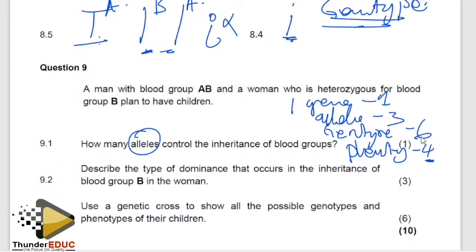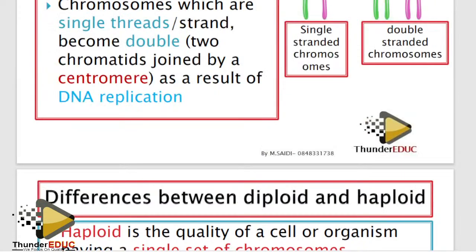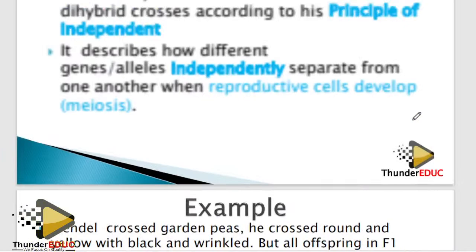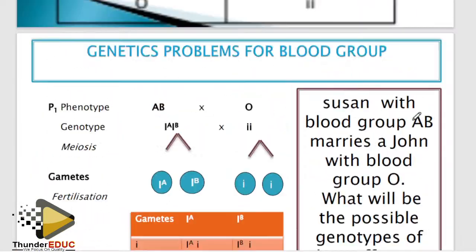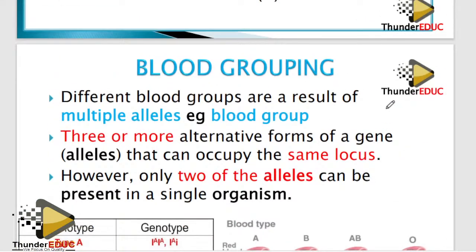But genotypes, there are 6, because A can be homozygous or heterozygous. Let me show you in the distinction material, because some people may not grasp it from just talking. Blood groups are a result of multiple alleles, meaning there are more than 2, three or more alternative forms of the gene. There are 3.